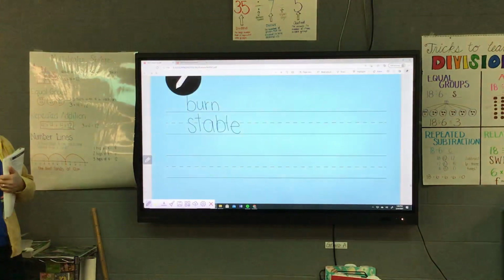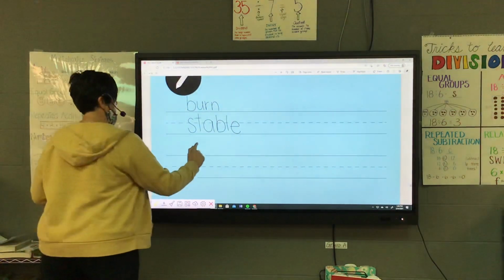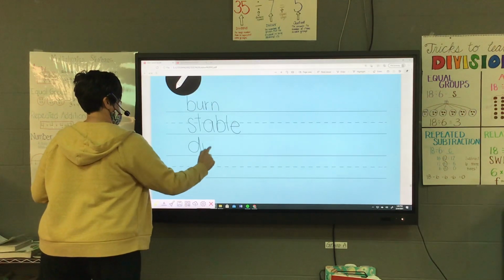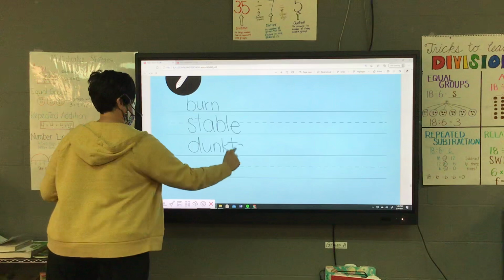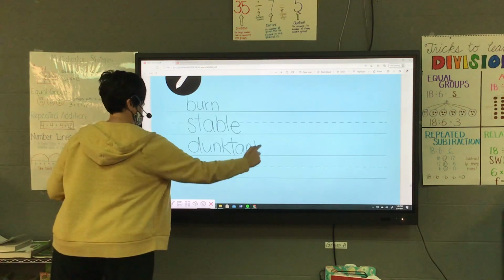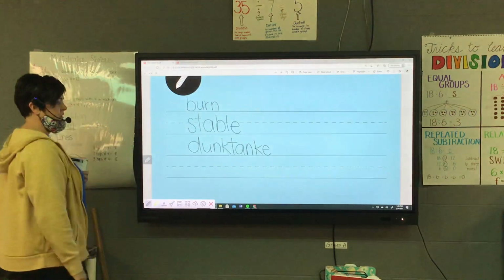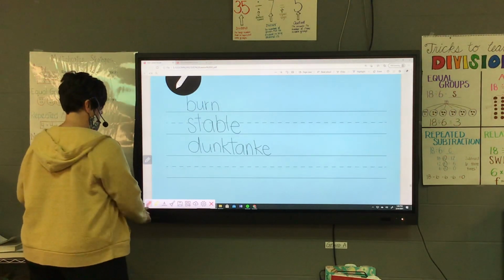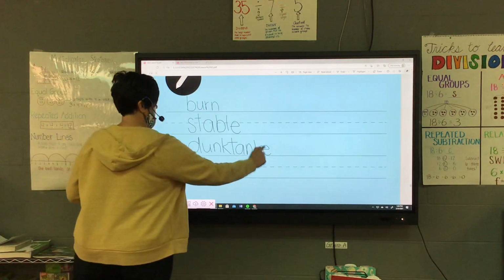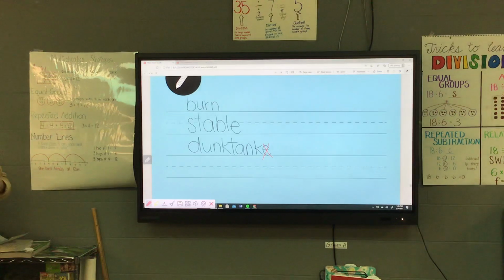Dunk tank. Compound word though, right? So think of the word dunk and then the word tank. What if you put an E on the end of it? No. Is that right? No. So what do you need to do? Mark it up with your red pen. Cross out that E.